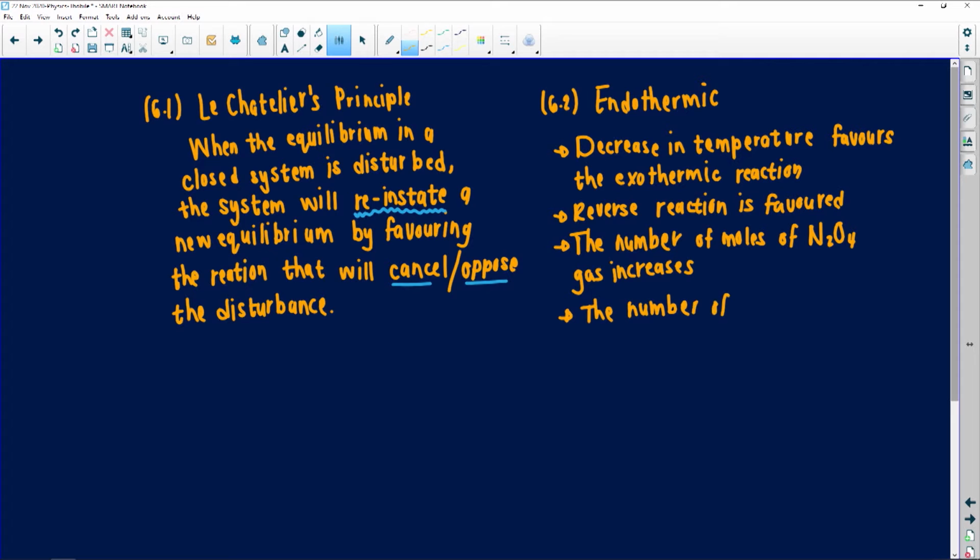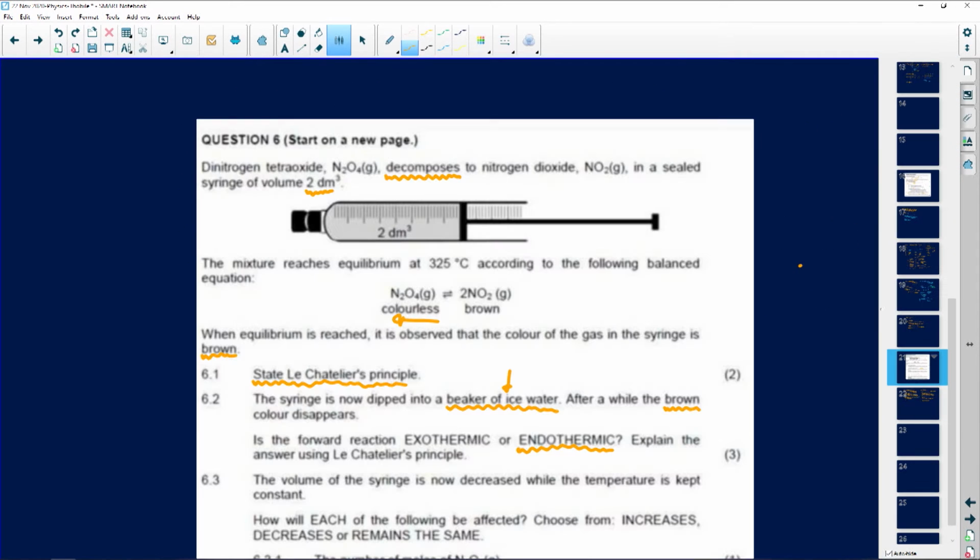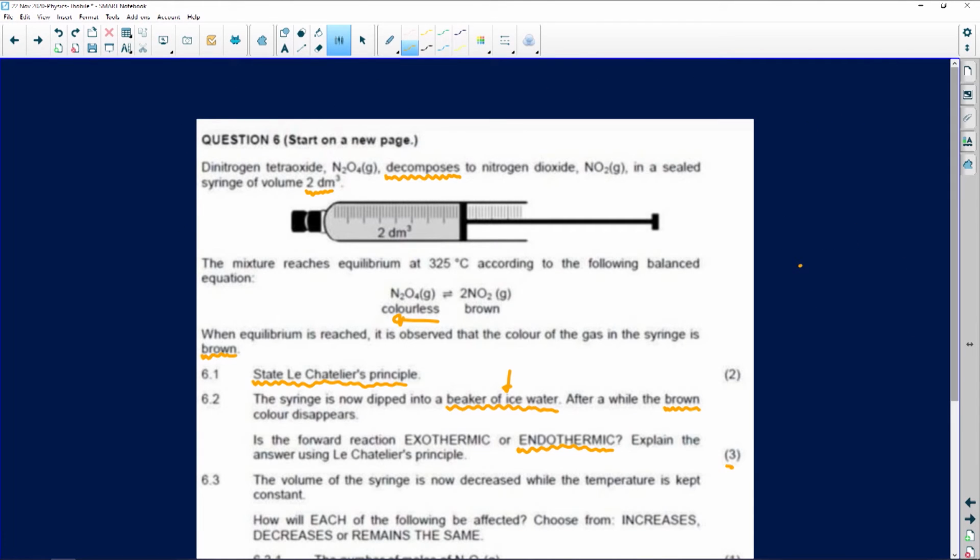The number of moles of NO2 gas decrease. According to Le Chatelier, that is then what will happen. So this was for 3 marks. So you get a mark for saying exothermic or endothermic, and then you get a mark for actually giving your different points. Now remember, I would always say give as many points as you can.